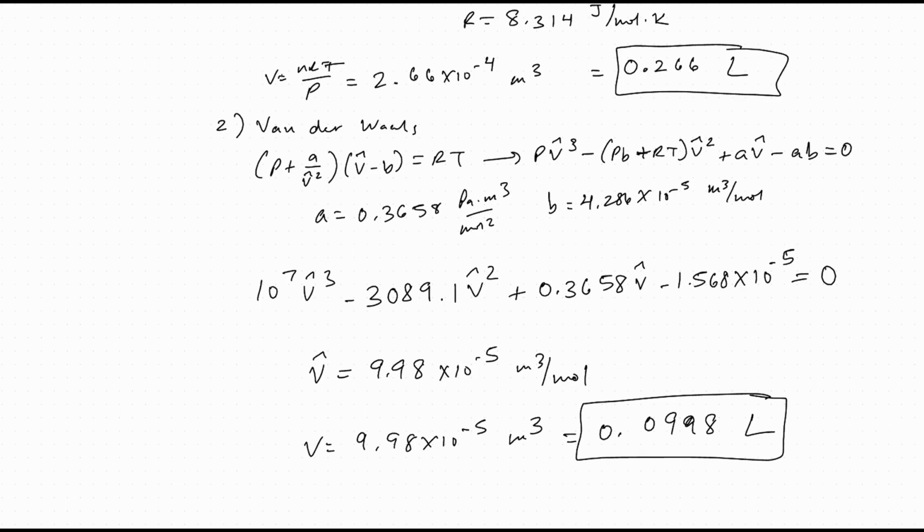So it's hotter than might be comfortable for us going outside, but it's not super, super hot or anything like that. So clearly there's definitely a difference between what we're actually seeing versus what value we're getting from the ideal gas law.